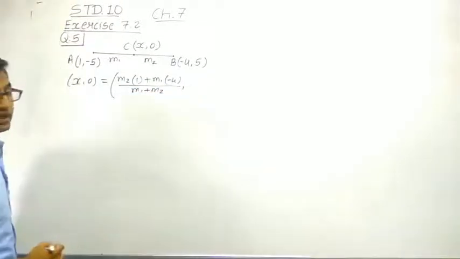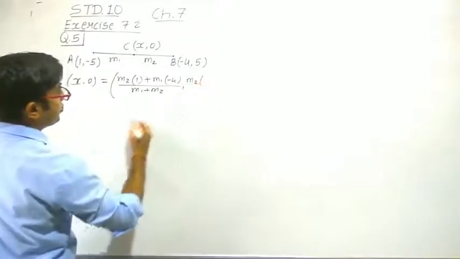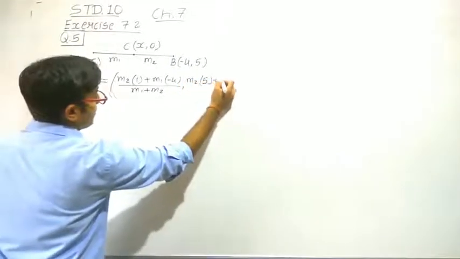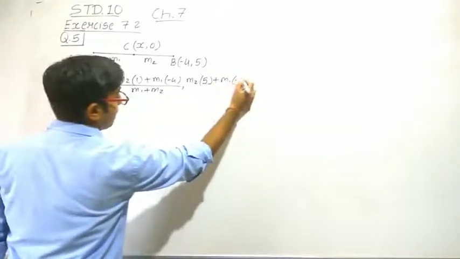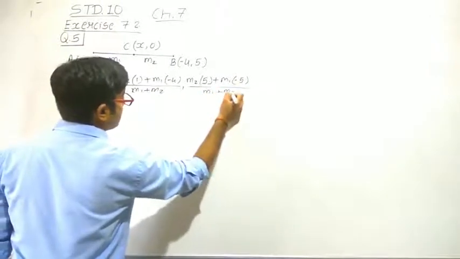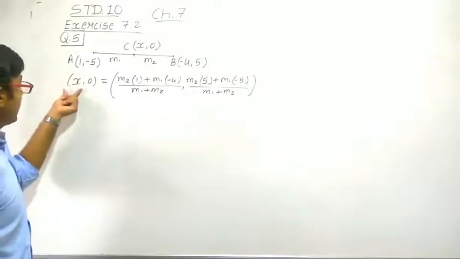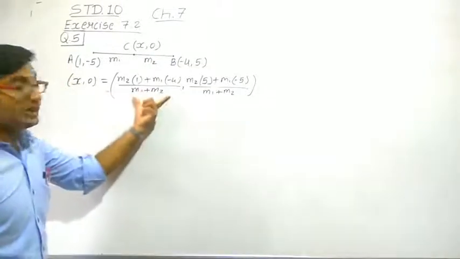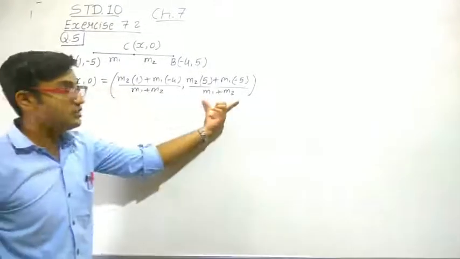Here the y coordinate is also m2 into y2, y2 is 5, plus m1 into y1, y1 is minus 5, upon m1 plus m2. So this is the x coordinate, and this is the y coordinate.